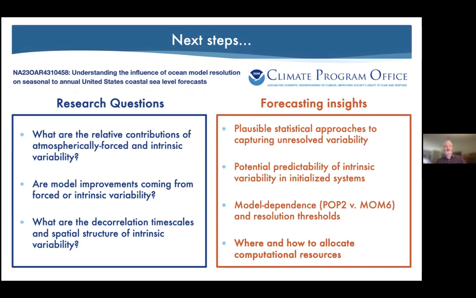The project is a blend between research-focused, physically motivated questions, and also trying to turn that into insights in terms of how NOAA should think about relatively short-term, monthly to annual lead time sea level forecasting.